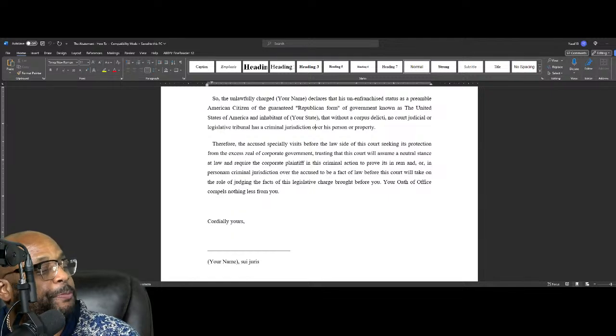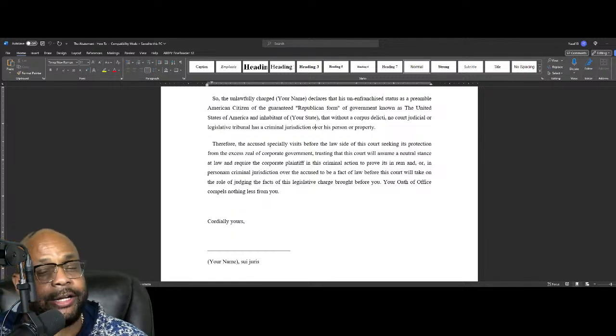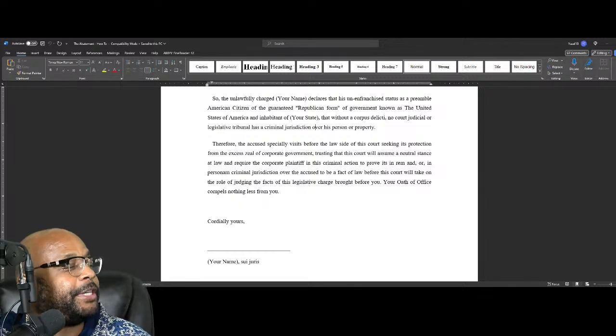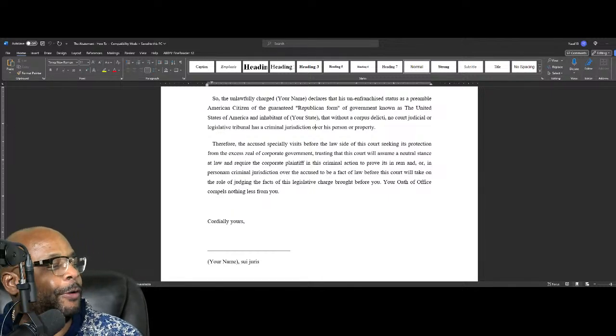Therefore, the accused specially visits before the law side of the court, not the legal side, the law side, seeking his protection from the excess zeal of corporate government.